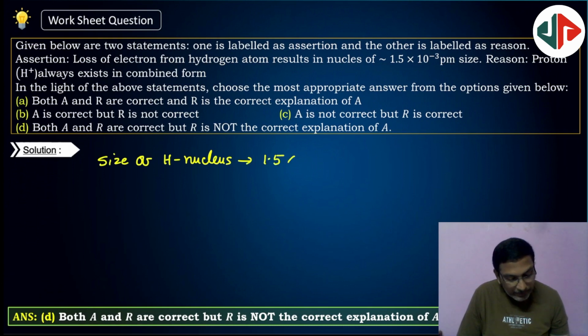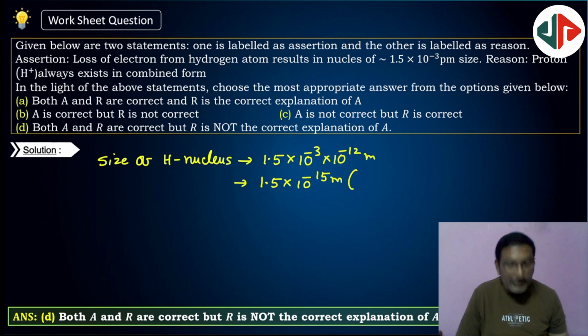So 1.5 into 10 power minus 3 into 10 power minus 12 meters, which is 1.5 into 10 power minus 15 meters, which is Fermi unit. So nucleus size will be in the order of Fermi units, we know. That is correct statement.